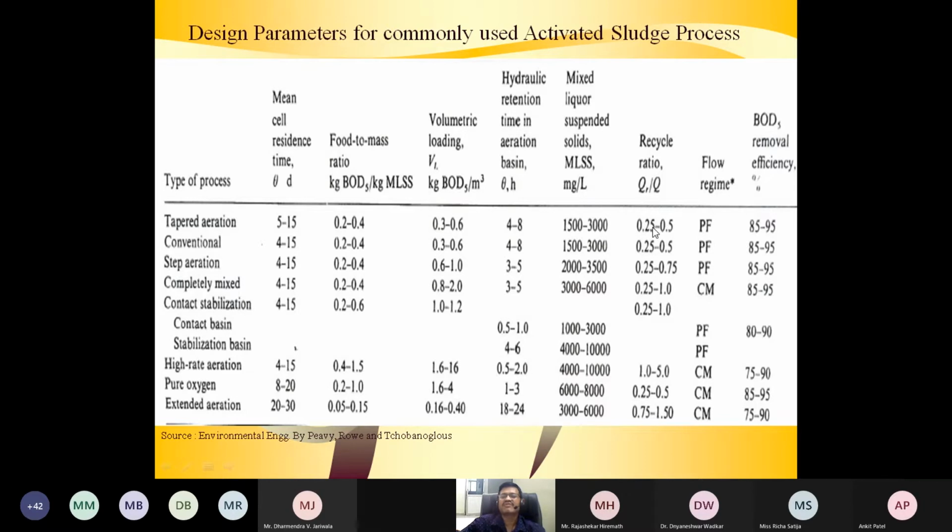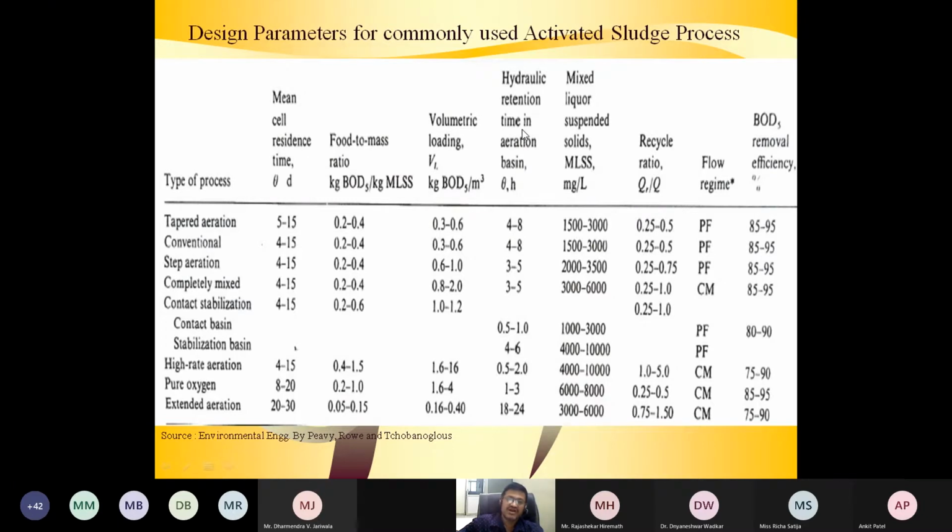If you recycle 25%, it is 0.25. So this much we have to recycle. Generally, we recycle around 40 to 50% of the sludge which is going out.